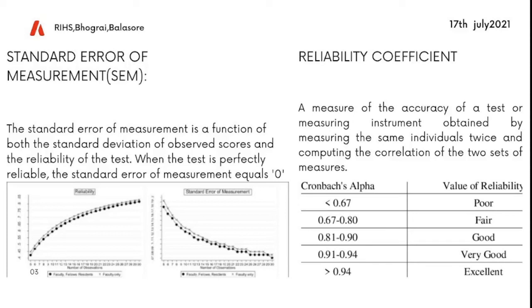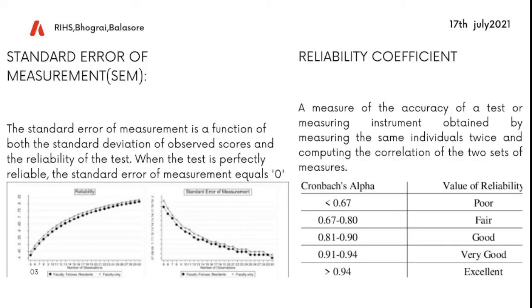For instance, you give one test to a group of individuals, and after an interval of 15 days you give the same test to the same group and correlate the two scores, then you can find the reliability coefficient.